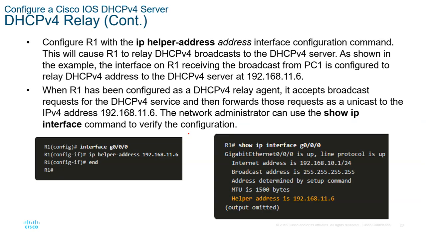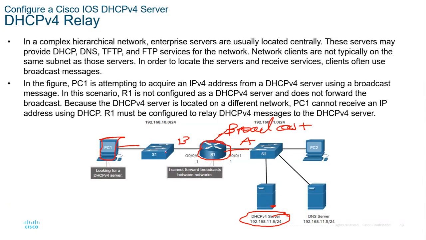So as you can see, this is router 1. This is router. Everything is set. And then you add the helper. And this is the server, and you allow it on the interface. So the helper is going to be done here. As you can see here, it says I cannot forward broadcast between networks.